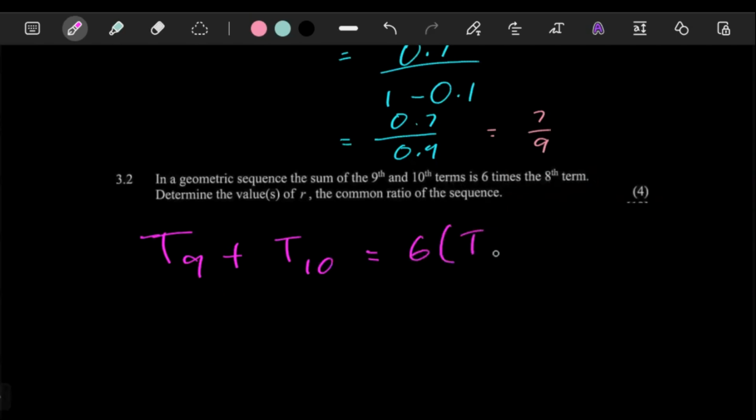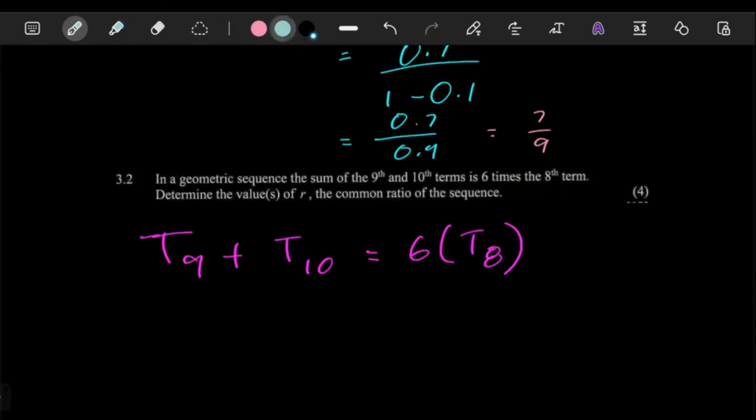Let's read that again. In a geometric sequence, the sum of the 9th and 10th is 6 times the 8th. Determine the value of R, the common ratio of the sequence.